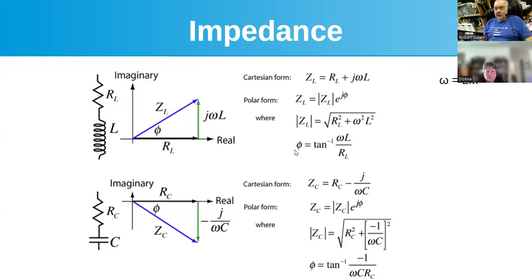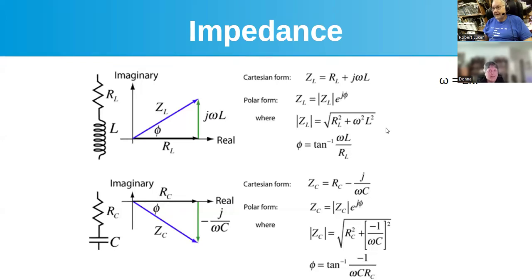And usually when we talk about the impedance vector, we talk about the magnitude of it, which is what the two bars represent, as opposed to the complex value. It's the length of the vector. And if you remember from high school math, the formula is the square root of the sum of the squares.